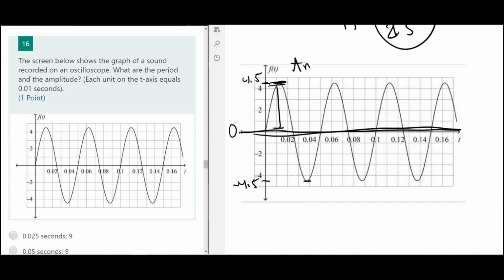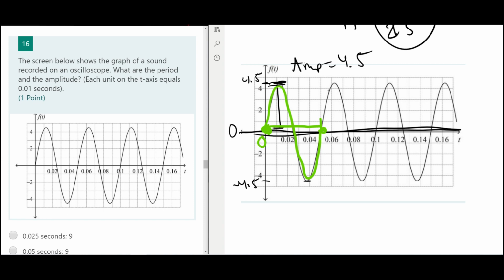So my amplitude, the distance from 0 to 4.5, is just 4.5. Then the period is the distance from one wave to another. We could choose that one as the period, but let's do the easier one, from here to here. After this point it starts repeating, so that's one full period.